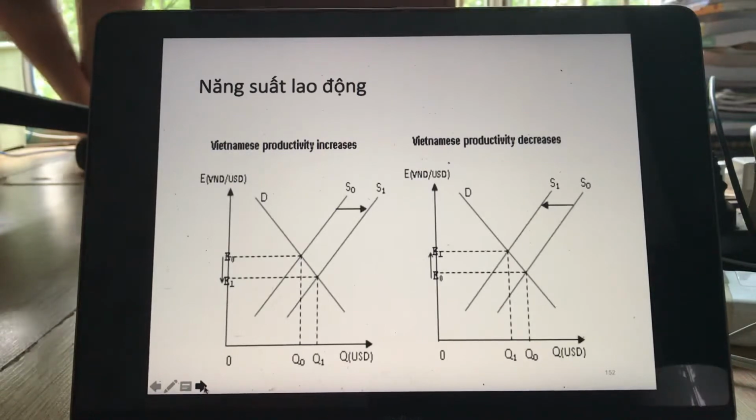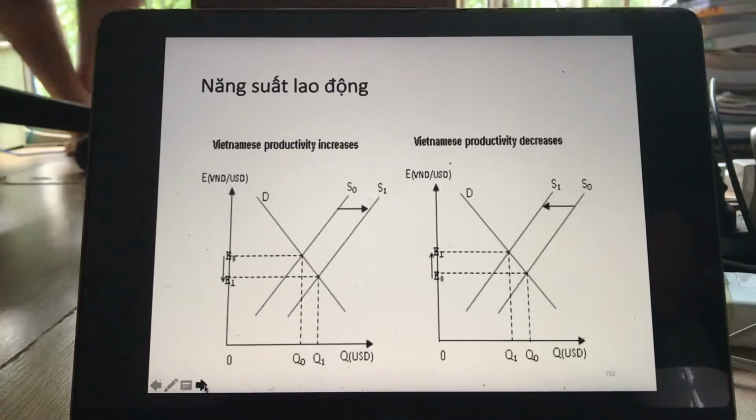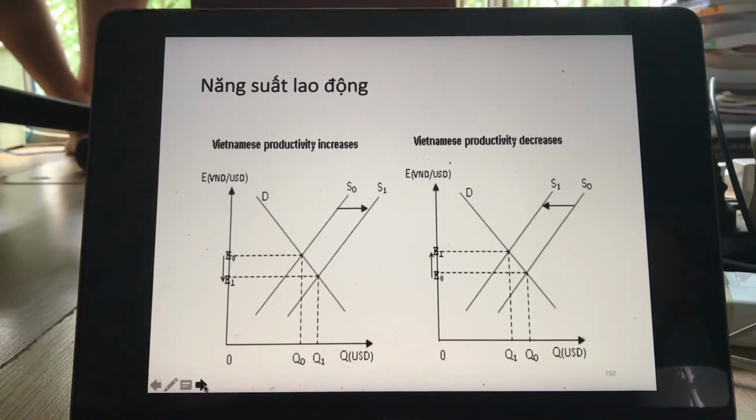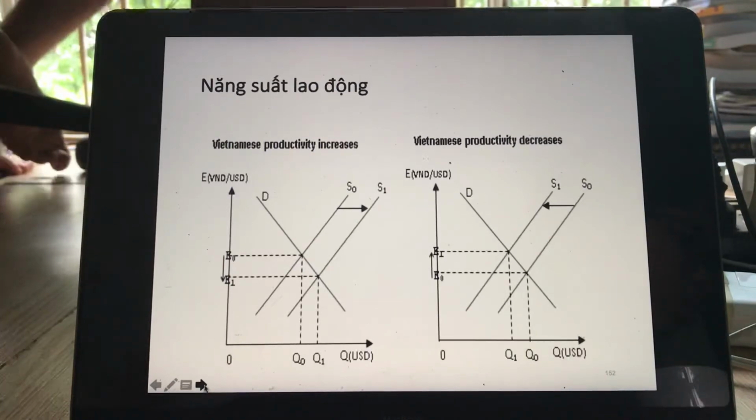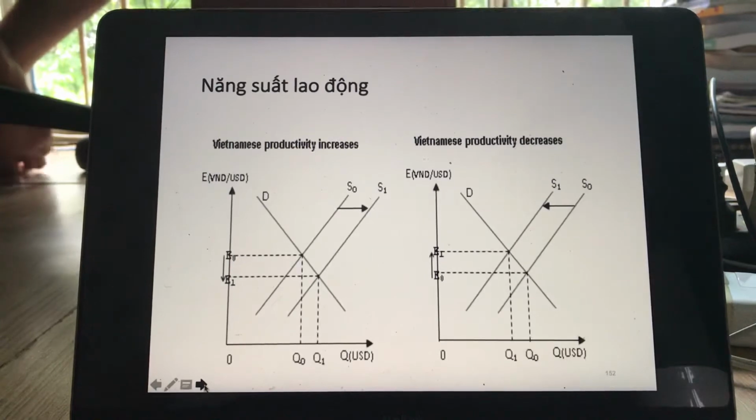When a country produces, part of it they consume domestically, and the rest of the products they export to the foreign market, right? So here you explain that when our productivity increases, we produce more, and because we produce more, we export more.